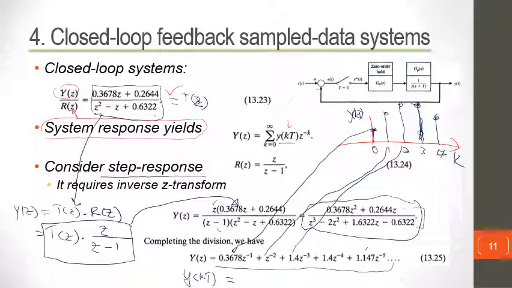You need to be able to tell the zero sample, the first sample, the second sample, the third sample, and so on and so forth. And to do that, you go into the process of finding the Z transform inverse. It's easy to find the Z transform inverse if you put it like this as an infinite series, because this would correspond to y of k equal to 0, 1, 2, 3, 4. And this can be done using long division, for instance.